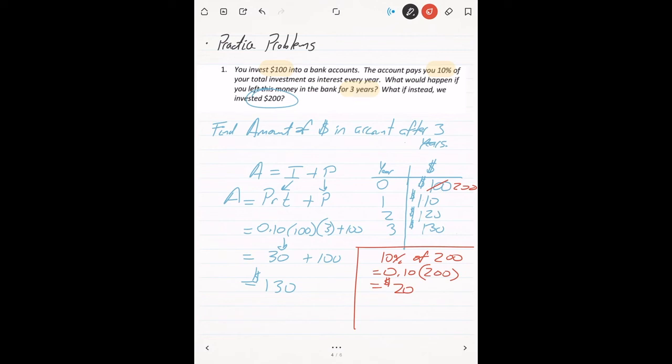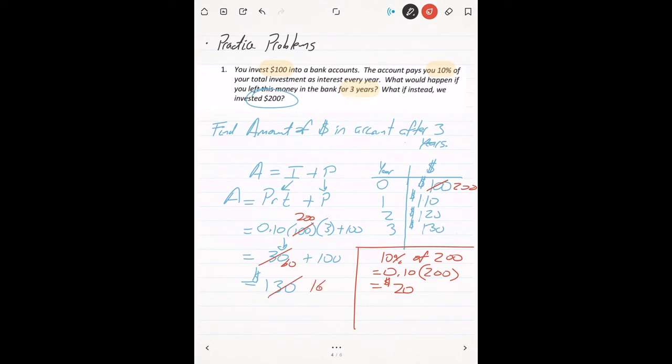Okay? So over the course of 3 years, you can think how much you've earned. So here, let's say, instead of $100 here, it's now $200. So 10% of 200 is $20, and $20 each year for 3 years, that should be $60.